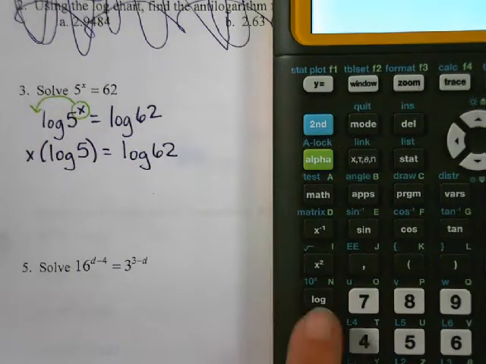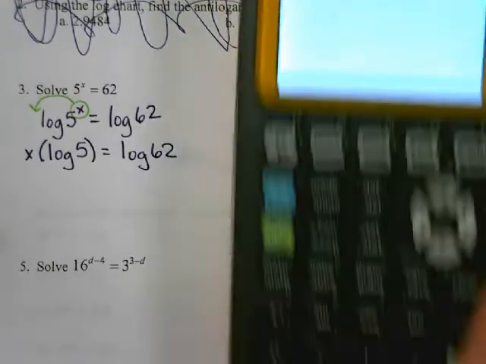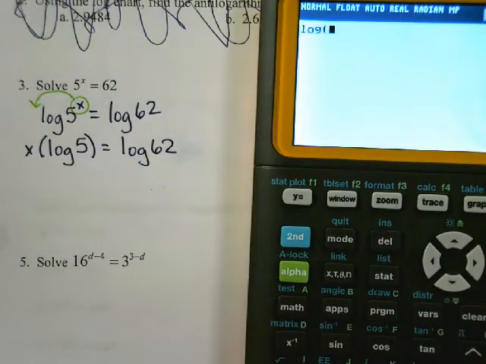Notice that you've got this log button right here next to the 7. Find your log button. When you put that button in your calculator, it's assuming it to be a 10. So your calculator works on log base 10. It works on common logs.